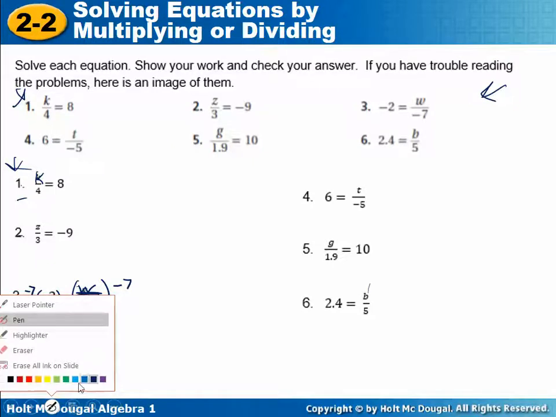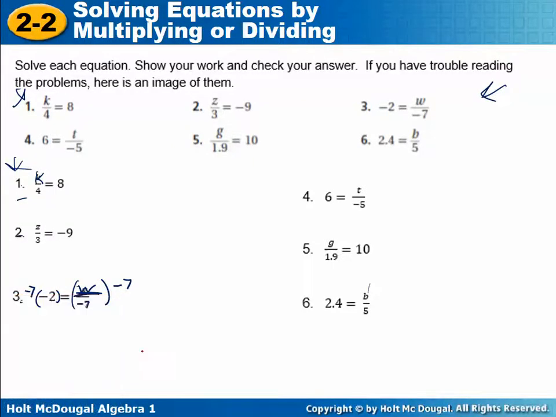On the left side, we have -7 times -2. A negative times a negative is positive, and 7 times 2 is 14. So I get positive 14 is equal to, now let's see what we have on the right. The -7 cancels with the -7, and I'm just left with the w. So my answer is 14.